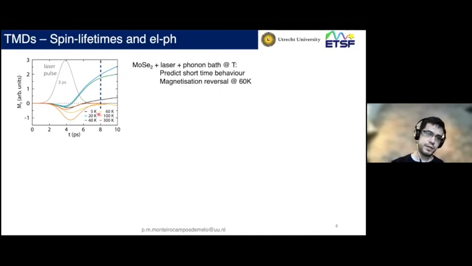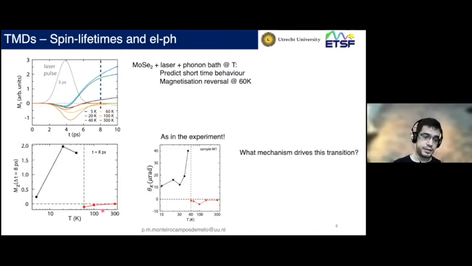When we looked at the magnetization values of the sample at 8 picoseconds, we found the same sign reversal that was being observed for the Kerr rotation measurement at 60K in the sample they had.